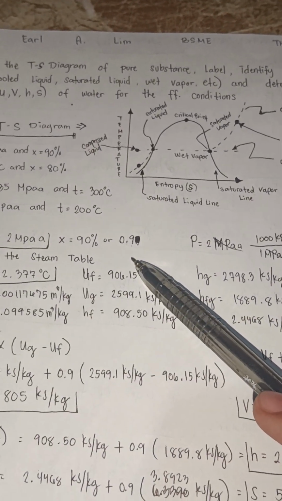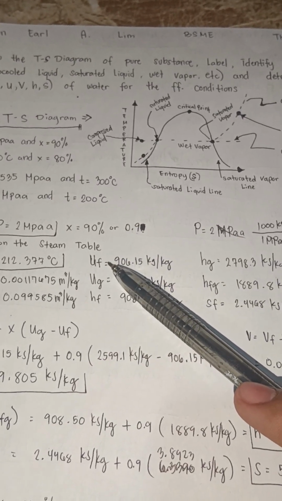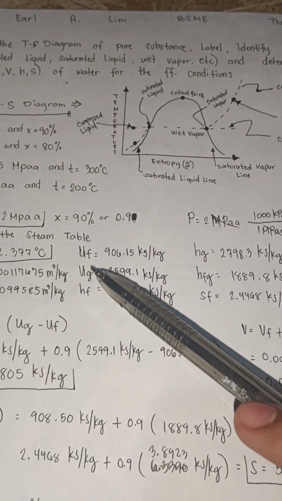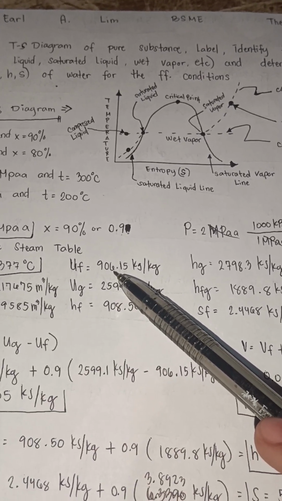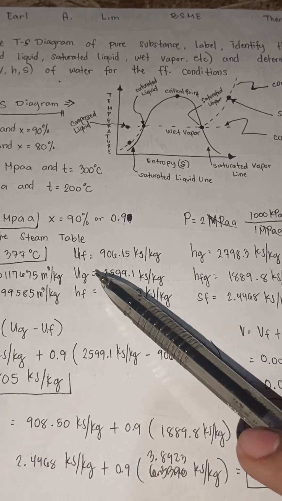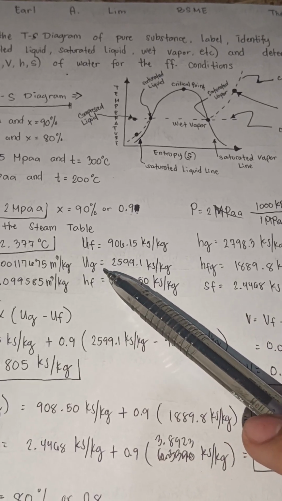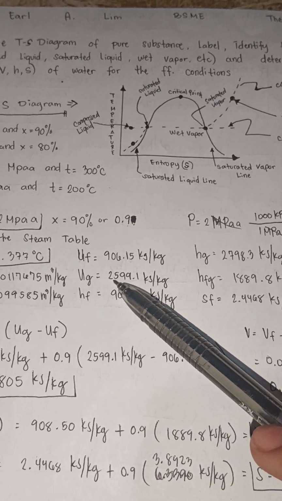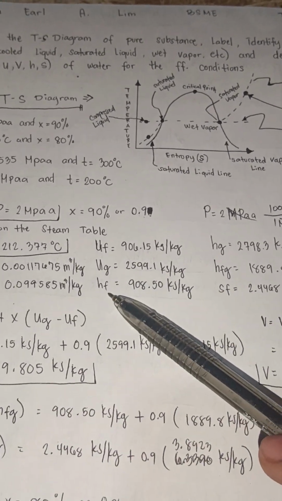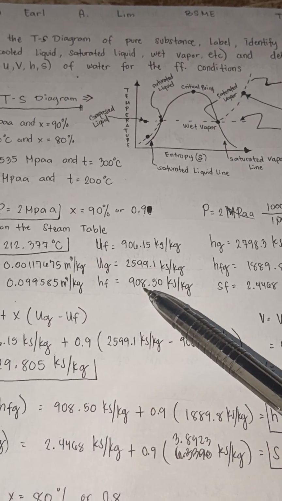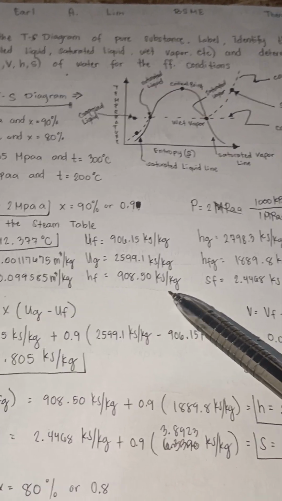The internal energy of the saturated liquid is equal to 906.15 kilojoules per kilogram. The internal energy of the saturated vapor is 2599.1 kilojoules per kilogram. The enthalpy of the saturated liquid is 908.50 kilojoules per kilogram.